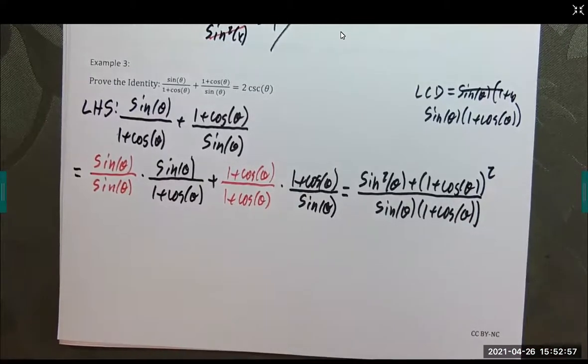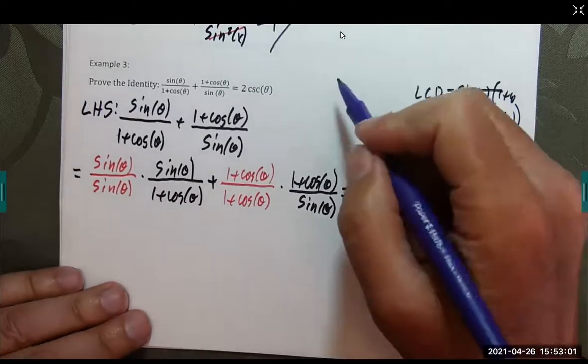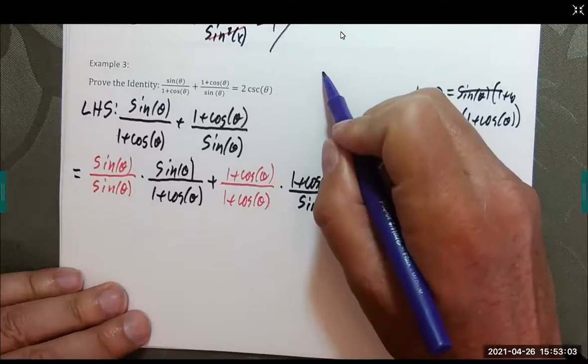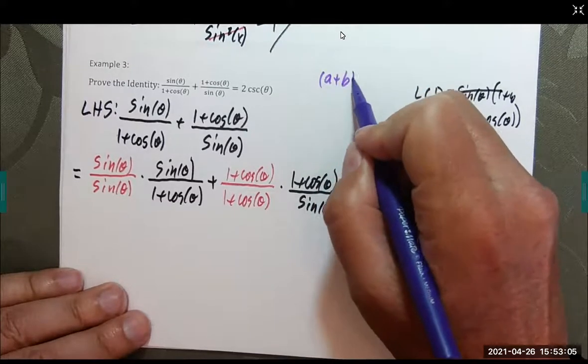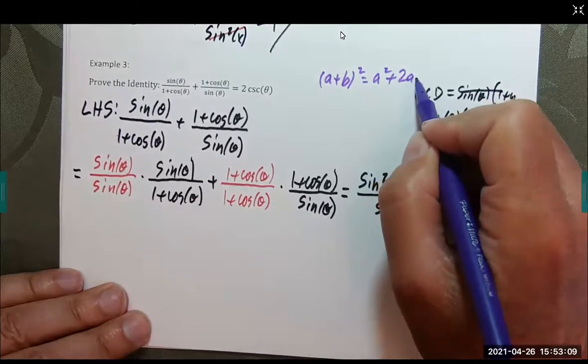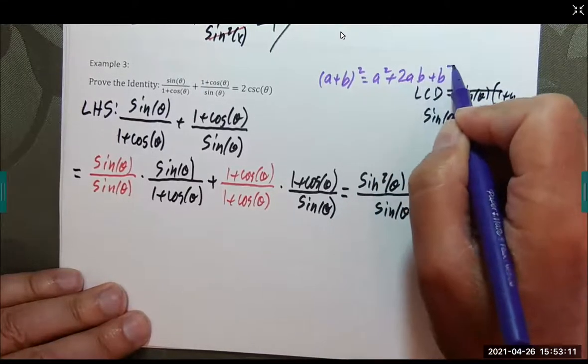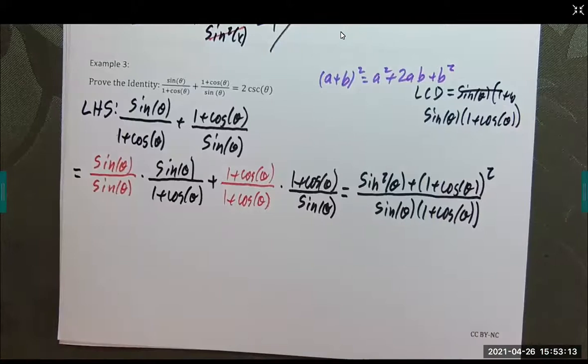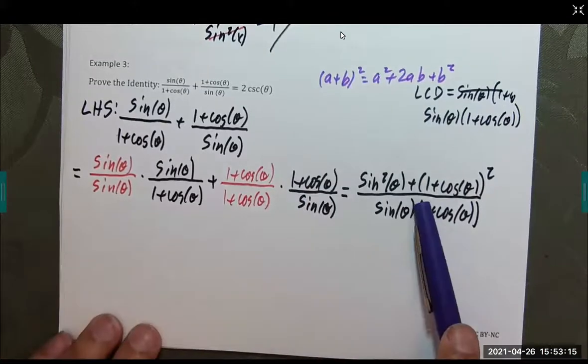And I'm going to recall for this here, a rule. It's called a perfect square. A in this case is the 1, B in this case is the cosine theta.